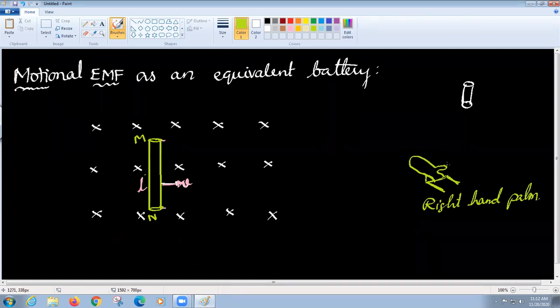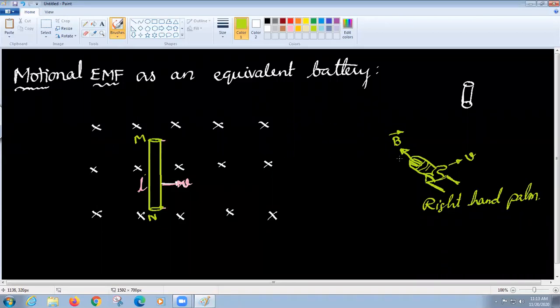Along your right hand thumb, this is v, and along these fingers, this is my B. Now you tell me in which direction we have positive potential.